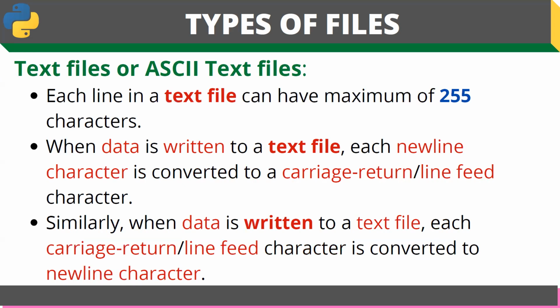When data is written to a text file, each new line character is converted to either a carriage return or line feed character. Similarly, whenever we read data from a text file, each carriage return or line feed character is converted to a new line character.